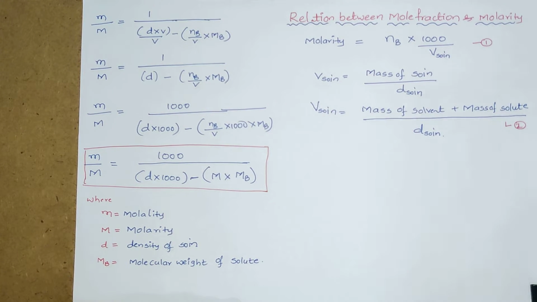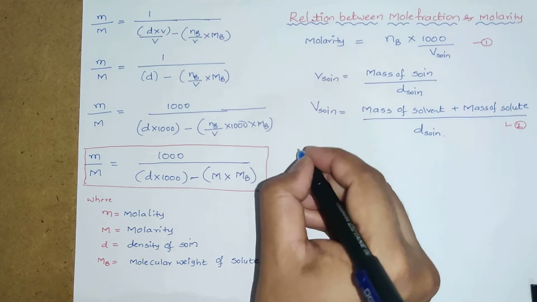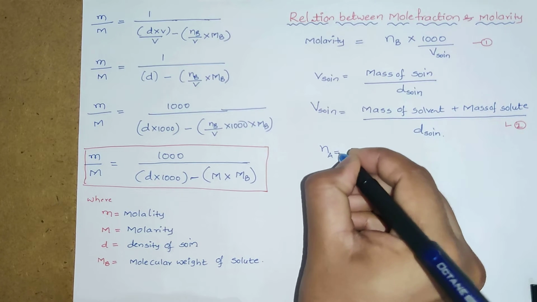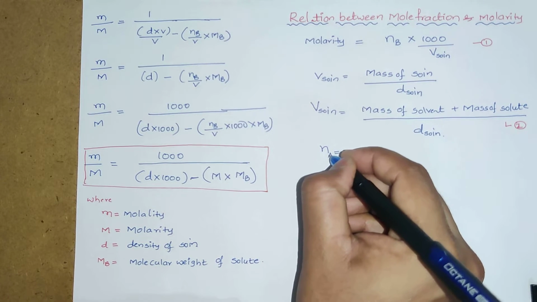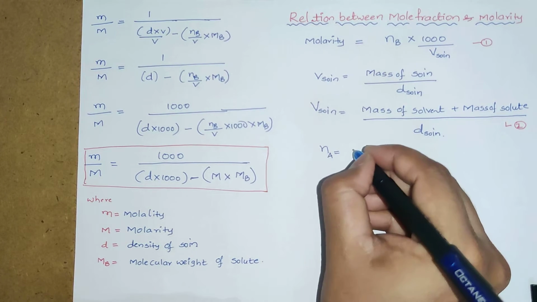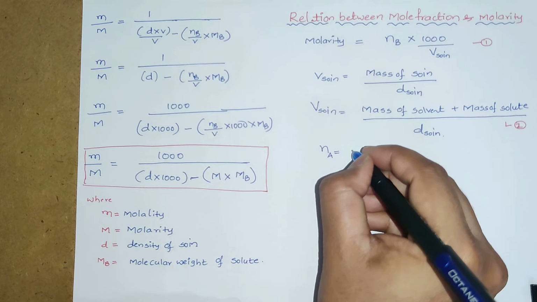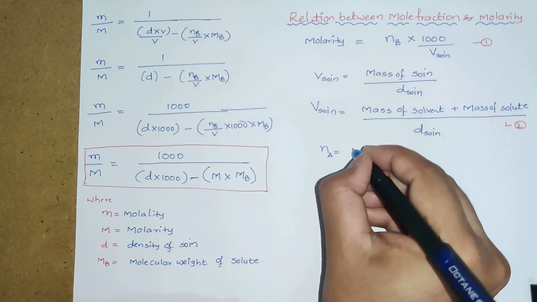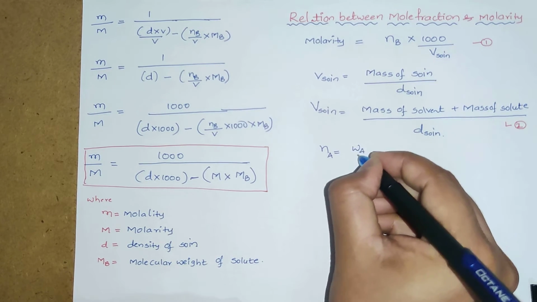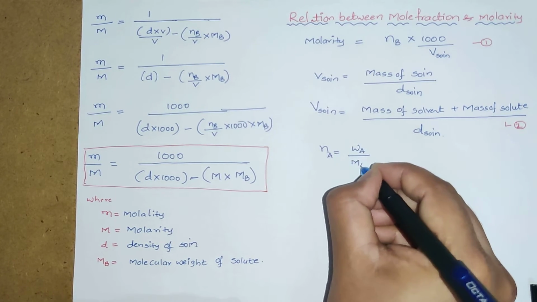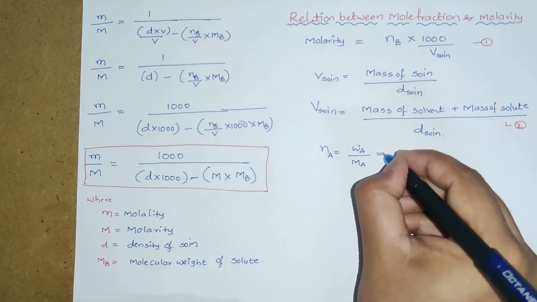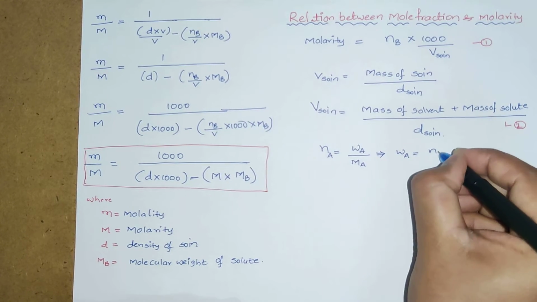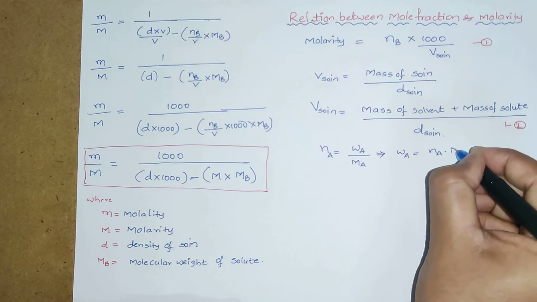So number of moles of solvent, that is Na, is equal to mass of solvent by molecular weight of solvent. From this one, mass of solvent is equal to Na Ma.